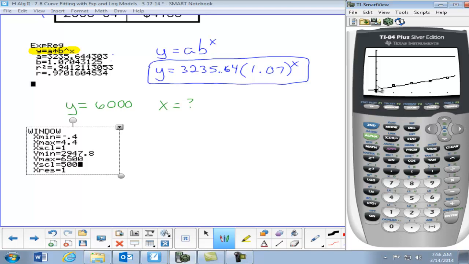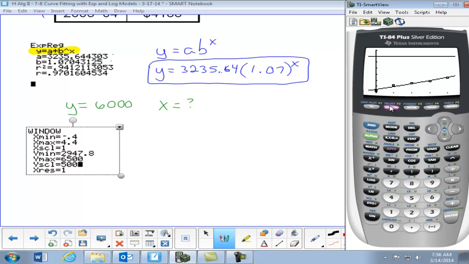Okay, so far you can see we now have our constant, we have our exponential growth regression here, but we don't have the point of intersection. So we need to expand this window. And notice down here these little dots, your x scale is by 1, and it only goes to 4.4. So this is 1, 2, 3, 4. So we need to go a little bit further.